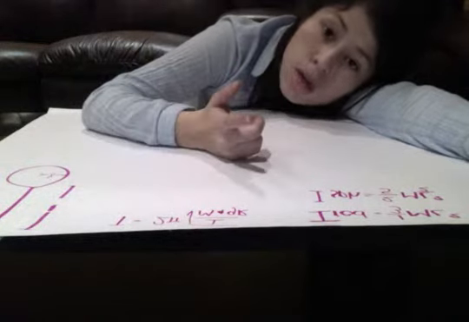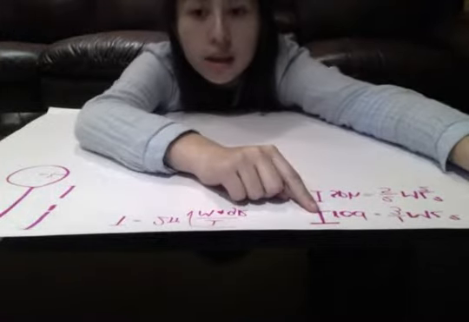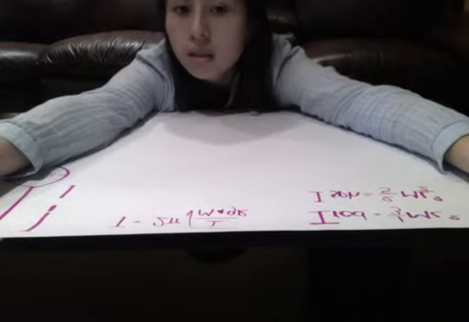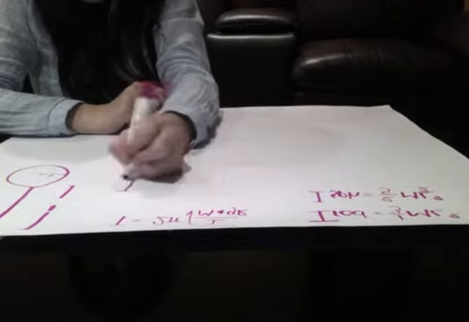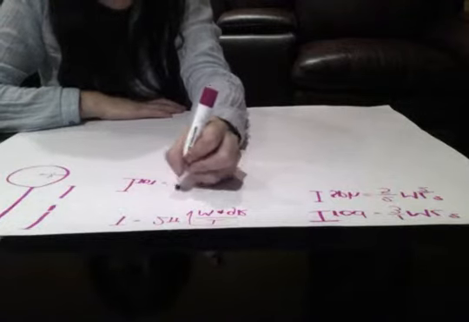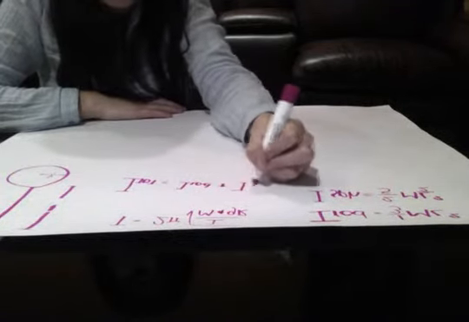So then we have the inertia of the rope and the inertia of the sphere, and we need to find the total inertia. The total inertia will be equal to the inertia of the rope plus the inertia of the sphere.